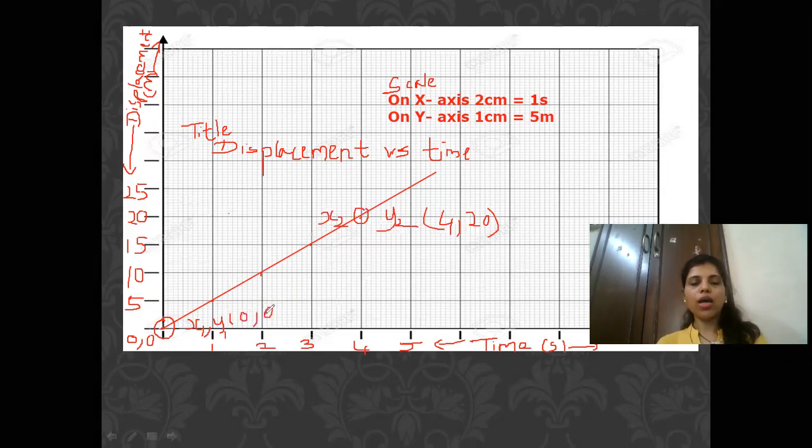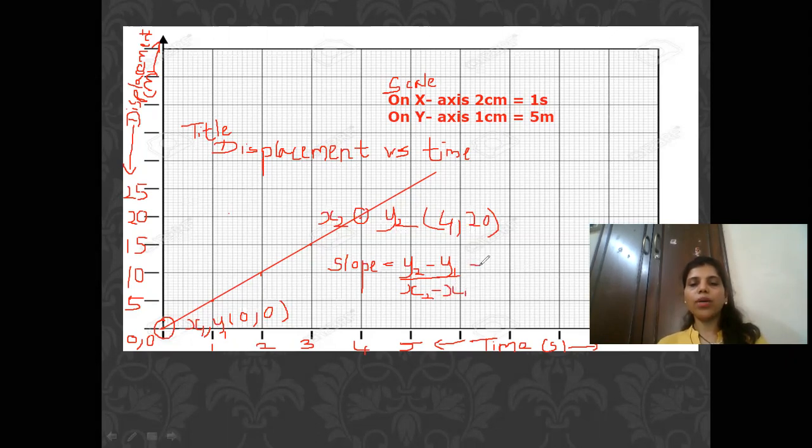Okay. So now you are going to find the slope using the formula. So slope is equal to, because as you are finding the velocity, the value of slope is equal to y2 minus y1 upon x2 minus x1.